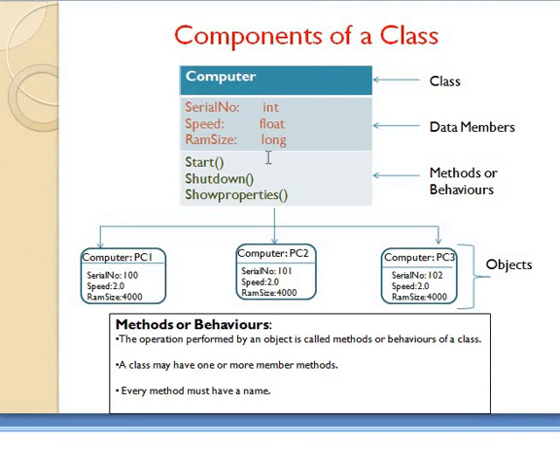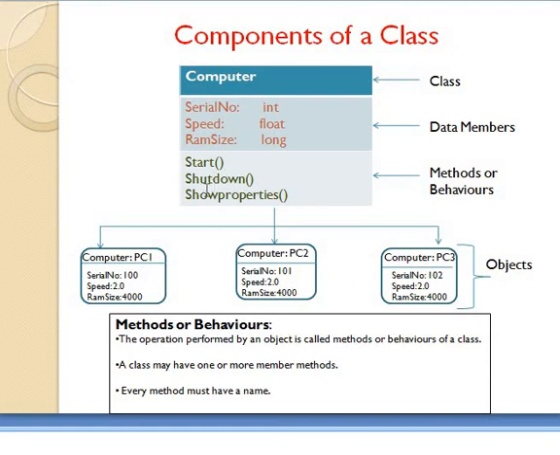In the given figure, if the first computer, which is also the first object with the identity PC1, has to shut down, then it should interact with the class and call the method shutdown.